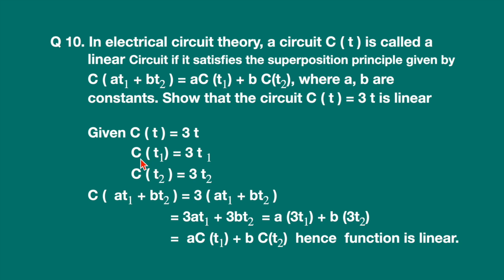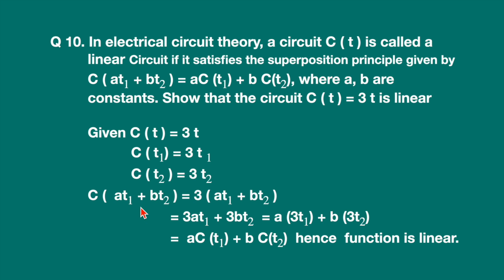So the value of C at t1 will be naturally, substitute t with t1, C(t1). Why are we doing this? Because we want this in the RHS. C(t1), C(t2). So let's find out C(t2). That is 3 t2. Okay, you got this equation. Now let us take the LHS.